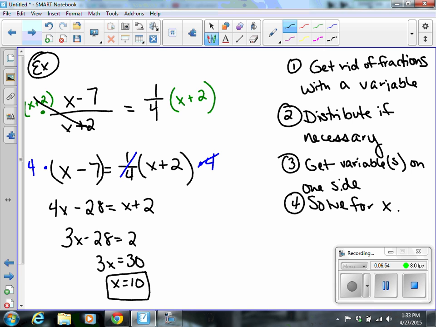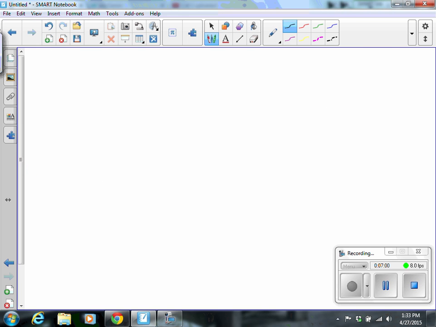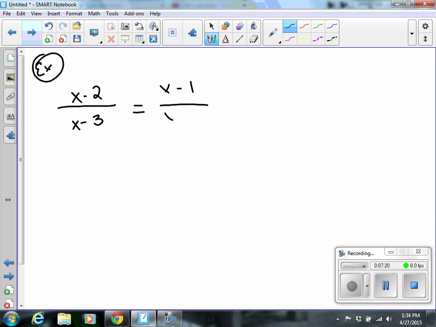So let's do another one in which we have polynomials on both sides. x minus 2 over x minus 3 equals x minus 1 over x plus 1.